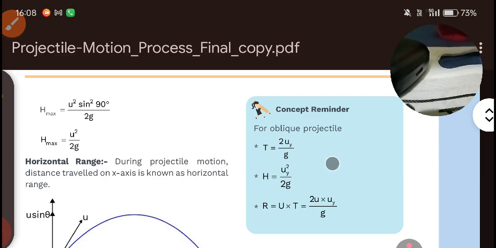Now from now we will use this thing to calculate time of flight, to calculate maximum height, to calculate a range.